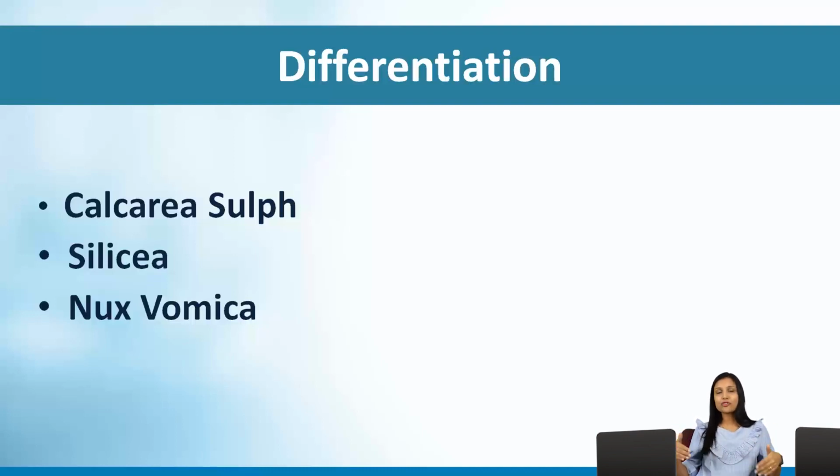They both come from a background where there is a tremendous feeling of underappreciation. But a Calcarea Sulph will never react in an impulsive manner. A Calcarea is usually suppressed and will complain a lot. Calcarea Sulph is a complainer, and he will complain to anyone and everyone who is ready to listen.